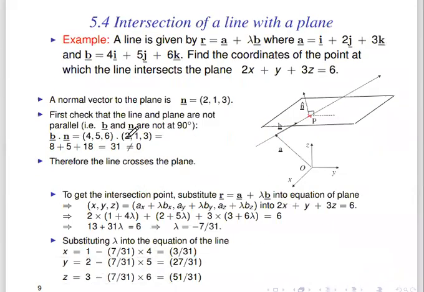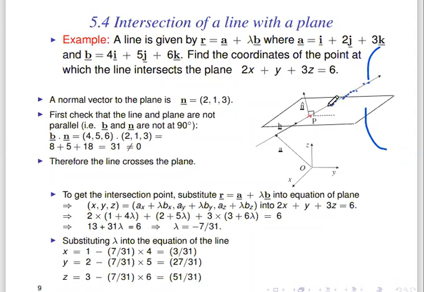Okay. This time you are given an equation of a plane and an equation of a straight line. How do we find the intersection point? Pretty simple. You know the equation of the straight line, and all you need to do is find the correct parameter value. When you change this parameter lambda, the point varies along the line.